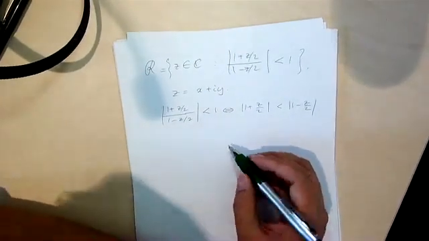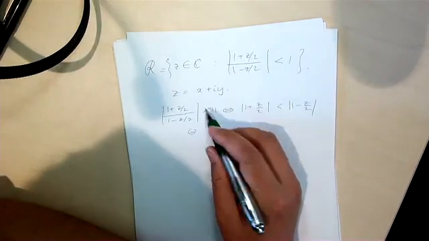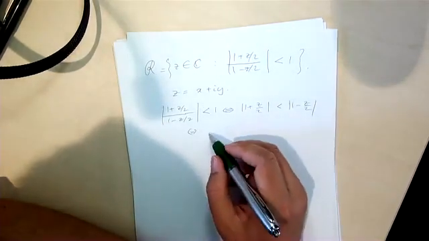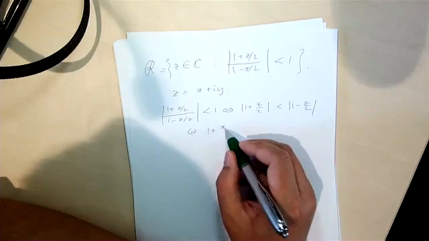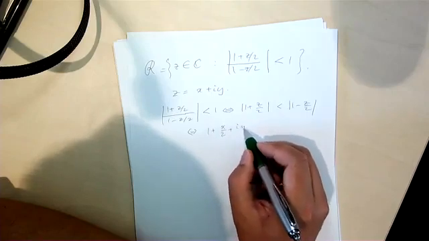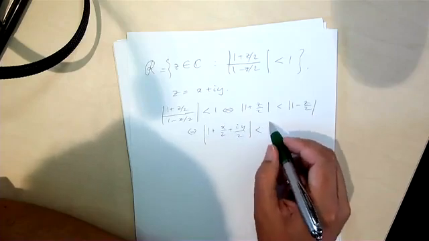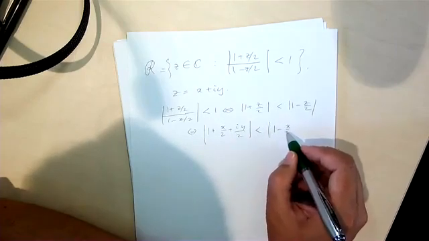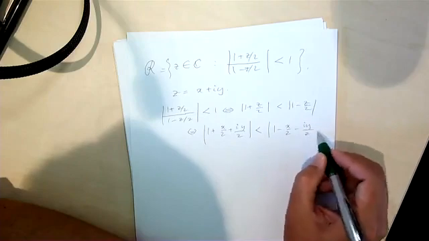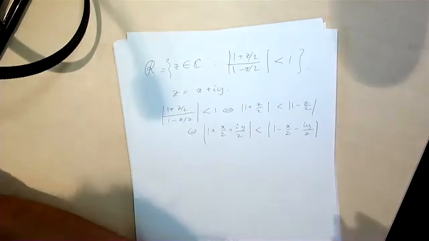And now because z is x plus iy, you have the absolute value of 1 plus x over 2 plus iy over 2 less than the absolute value of 1 minus x over 2 minus iy over 2, right?